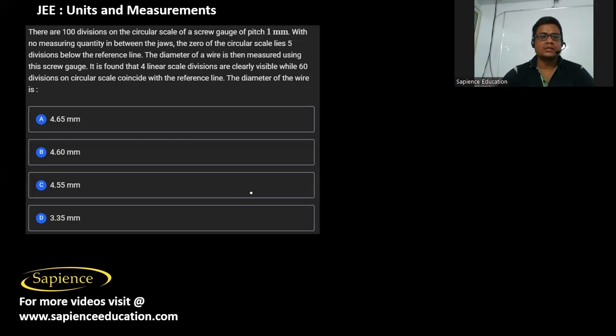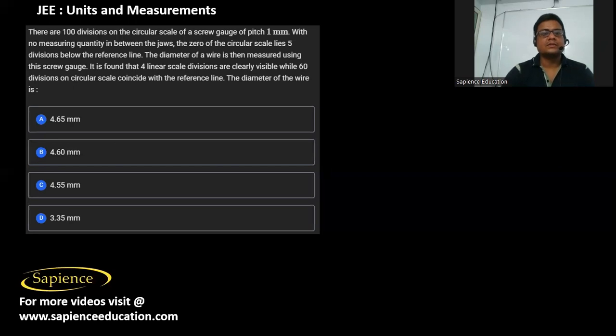And here it is told there are 100 divisions on the circular scale of a screw gauge of pitch 1 millimeter. With no measuring quantity in between the jaws, zero of the circular scale lies 5 divisions below the reference line.